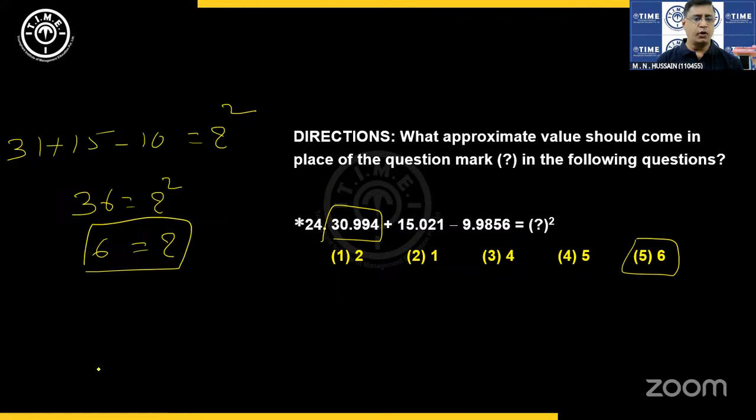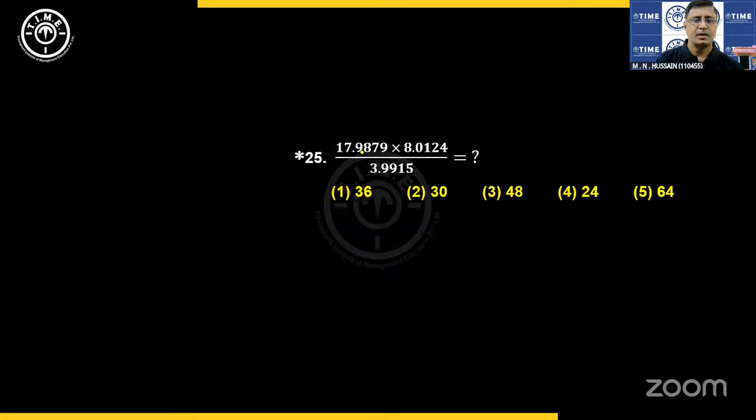Okay. Now look at the next example on your screen. 17.9, approximately 18. 8.01, that is 8. By 3.9, that is 4. Simplify.